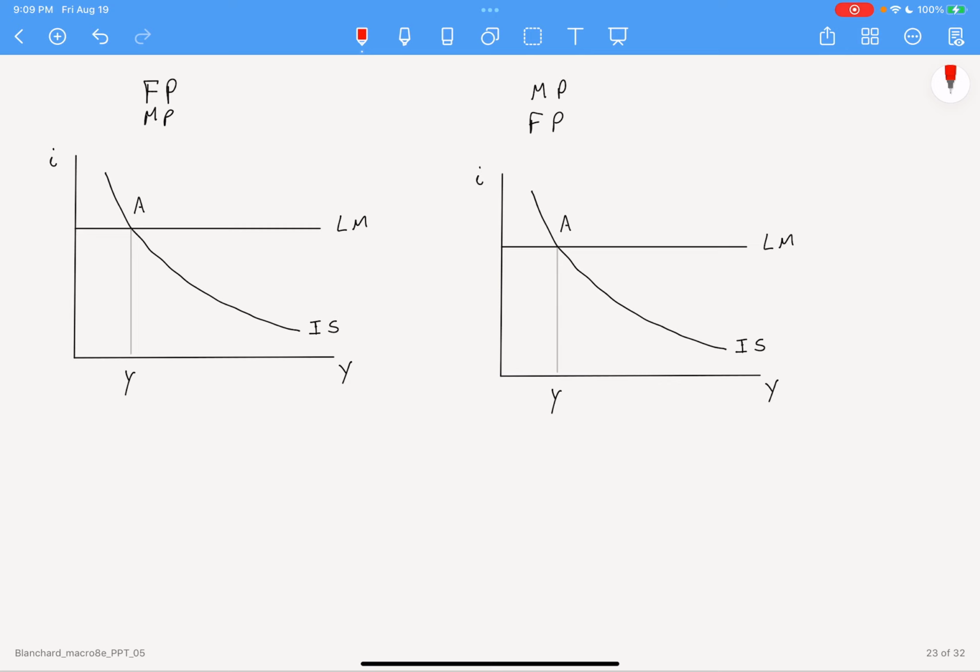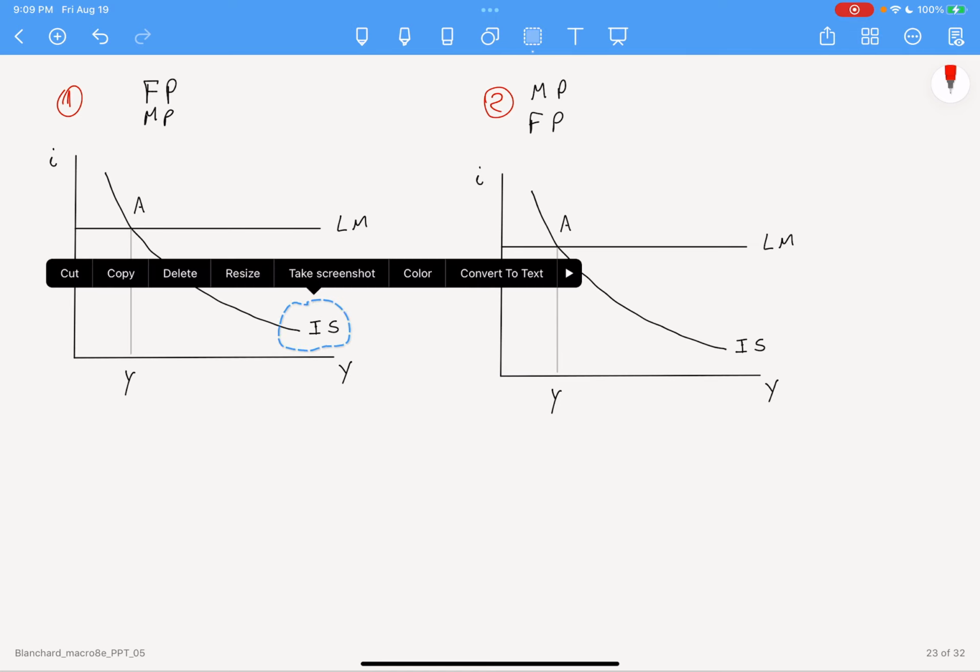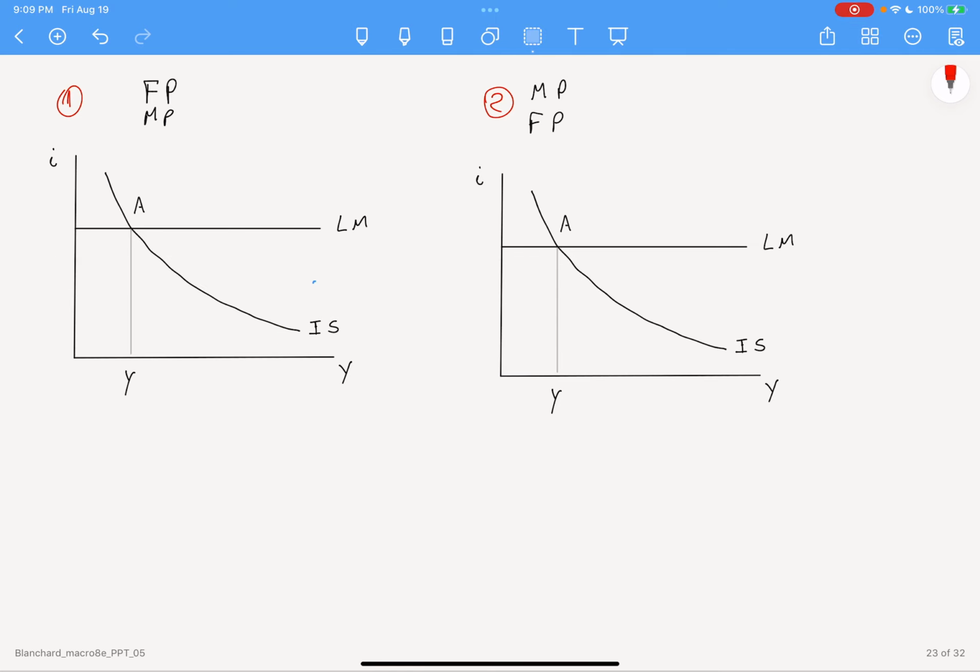Well, let's use a mix of the policies. Let's start with the fiscal policy. Let's call this number 1 and number 2. Let's do number 1 first of all. We start with the fiscal policy. And then what can be done in terms of the fiscal policy to improve the output? Well, you can think about the following.